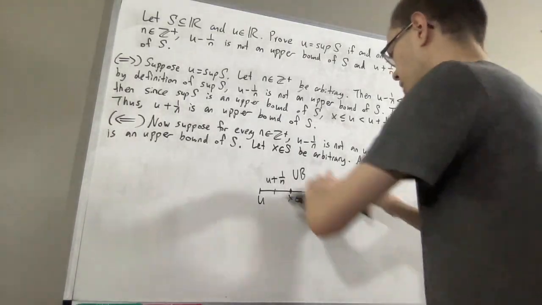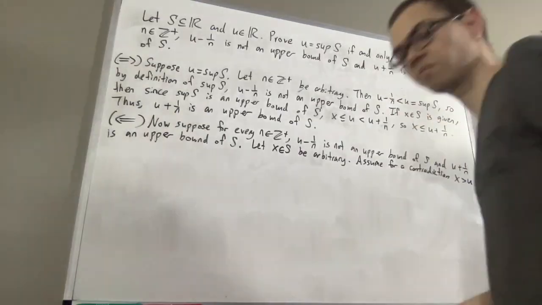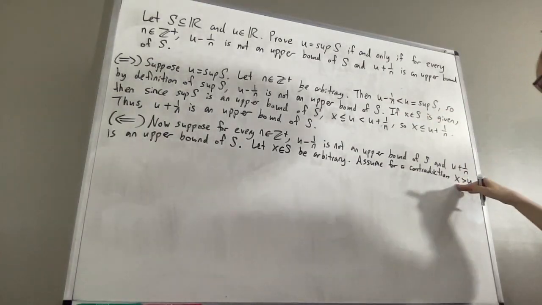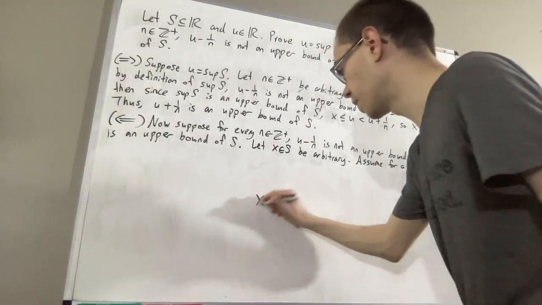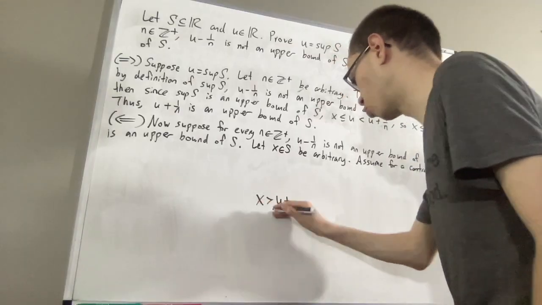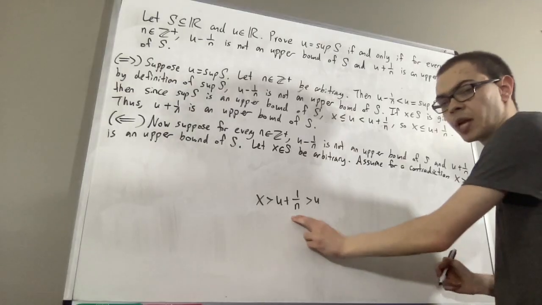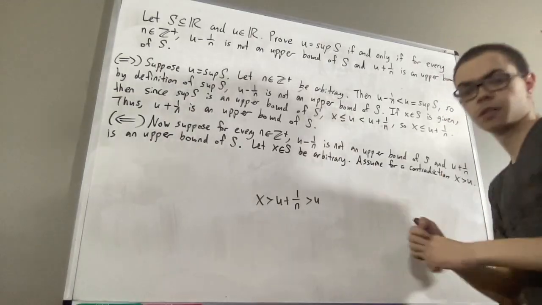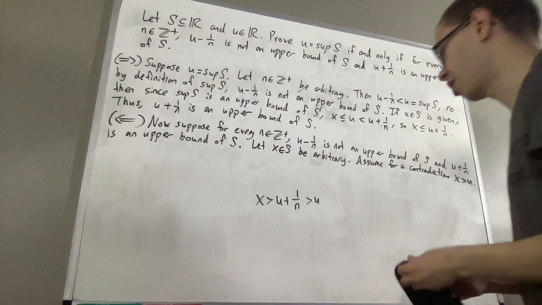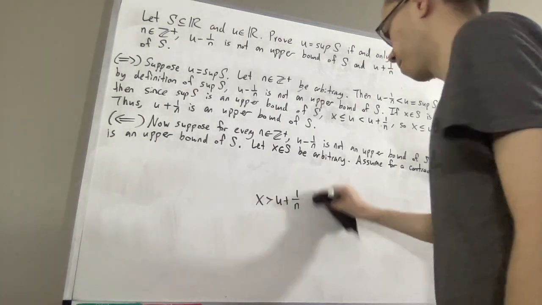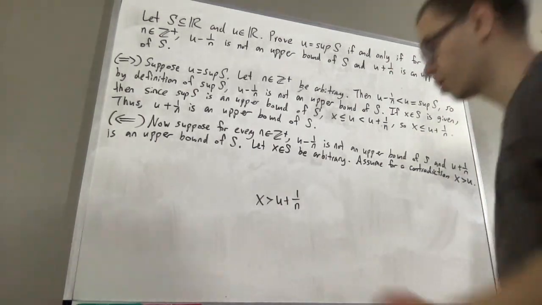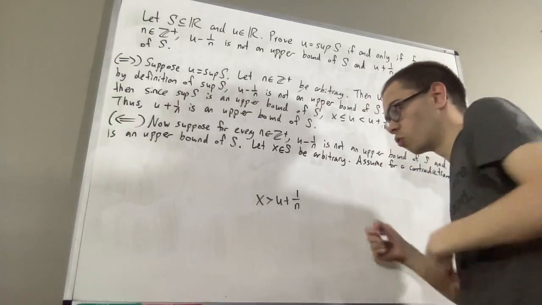So then how do we reach that contradiction? We should be able to choose something like x greater than U plus 1 over n greater than U, right? There should be some positive integer n which satisfies this, right? We ultimately care about this one, though. So then, if we isolate n, what does this look like?